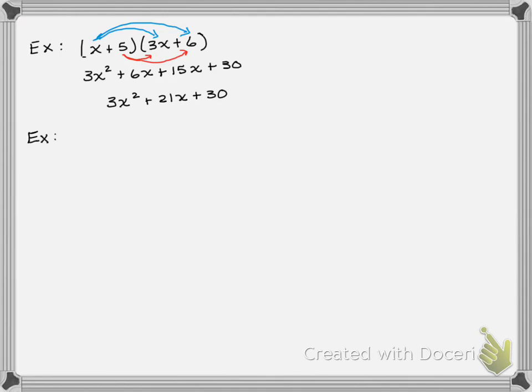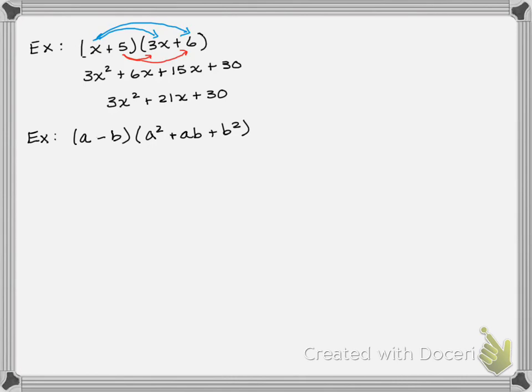Okay, so let's do one with multiple variables. So a plus b times a squared, whoops, I want that to be a minus b, plus ab plus b squared. When we do anything with multiple variables, the general rule is that within each term we put the variables in alphabetical order.